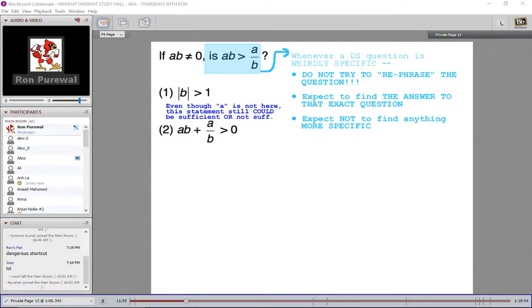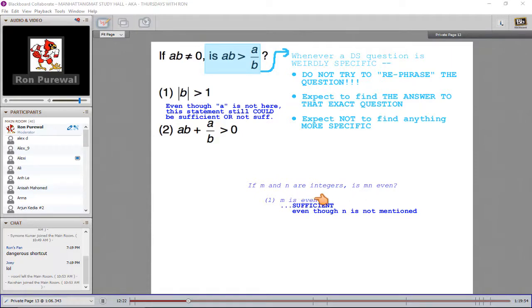Just as a super quick example, it's not this problem, but if I said, if M and N are integers, is MN even? And then if I told you that one of them was even, then this would actually be sufficient, even though N is not mentioned. Give me a smiley face if that makes sense.